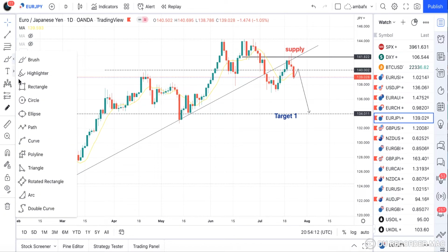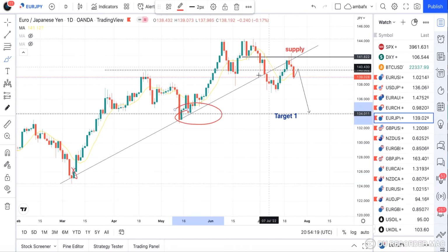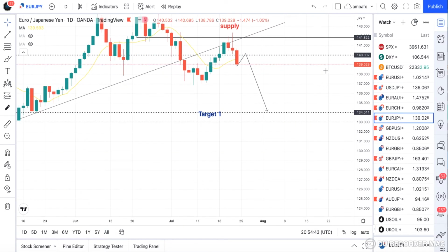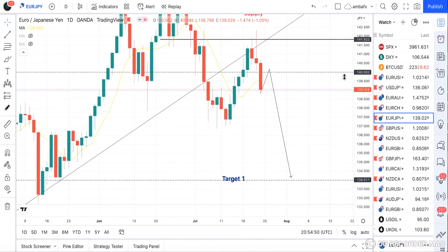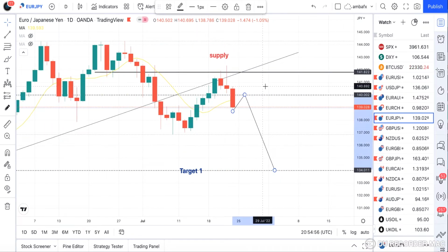So we have this area, then we have the break of the trend line, we have a retest, then it rejects from that particular retest level after forming a hammer candle, that is a rejection candle at that particular area.